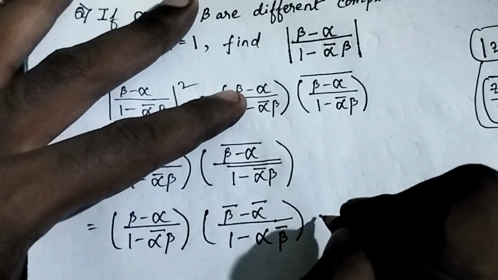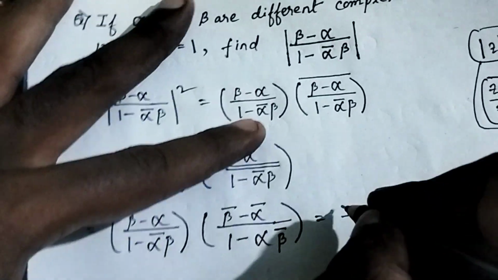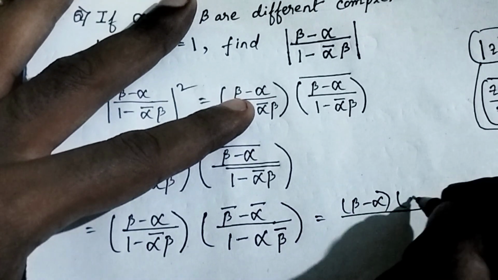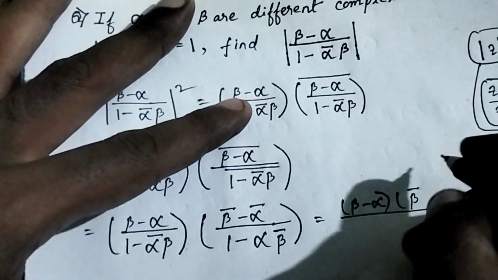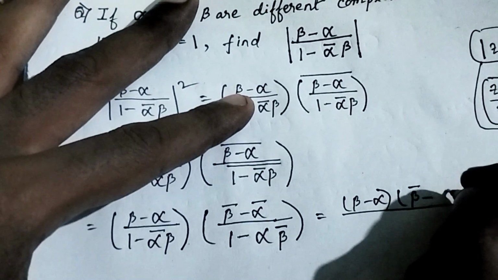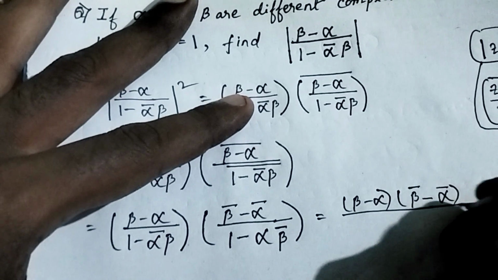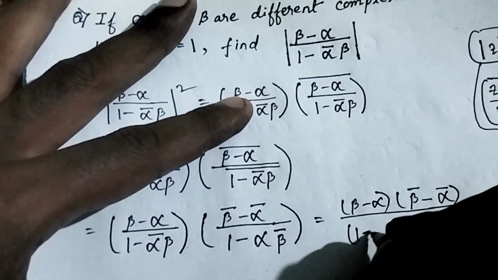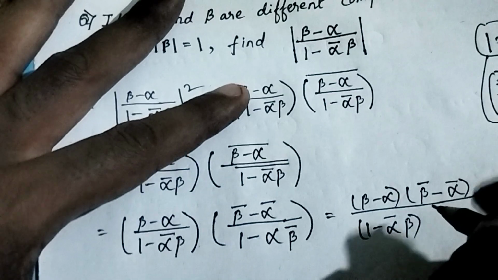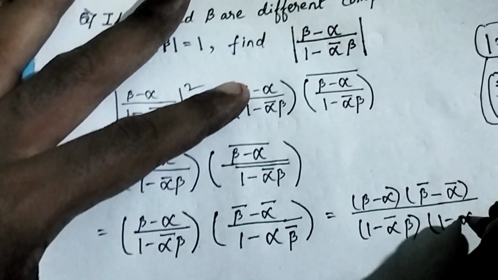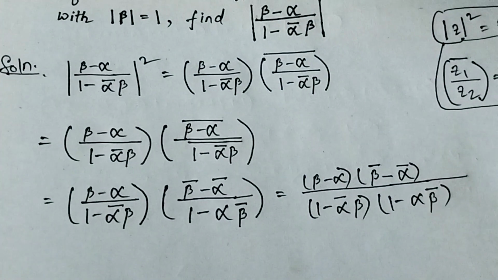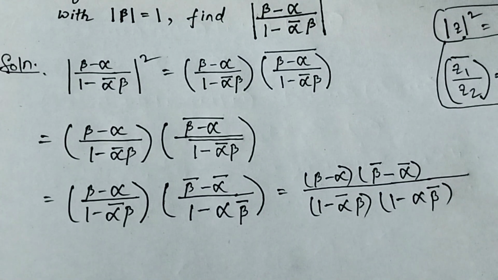So this will be (beta minus alpha) into (beta conjugate minus alpha conjugate) by (1 minus alpha conjugate beta) into (1 minus alpha beta conjugate). Clear?